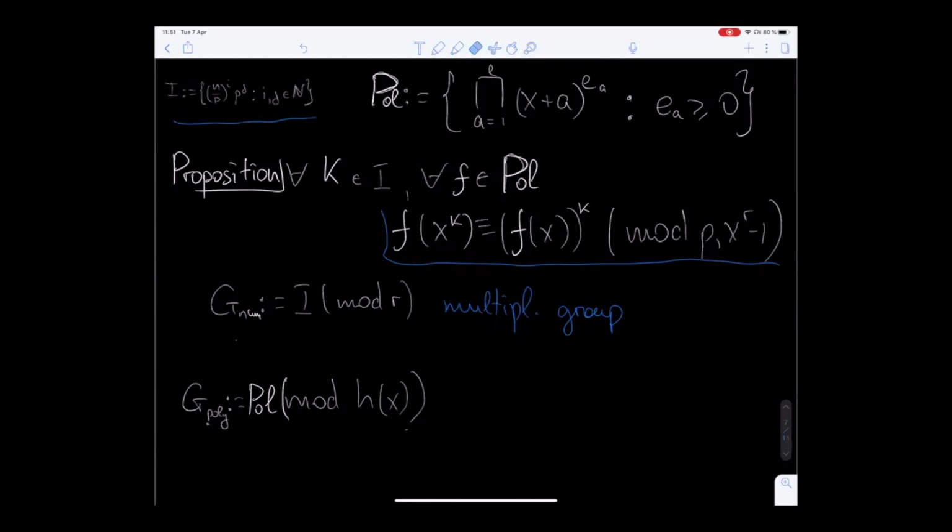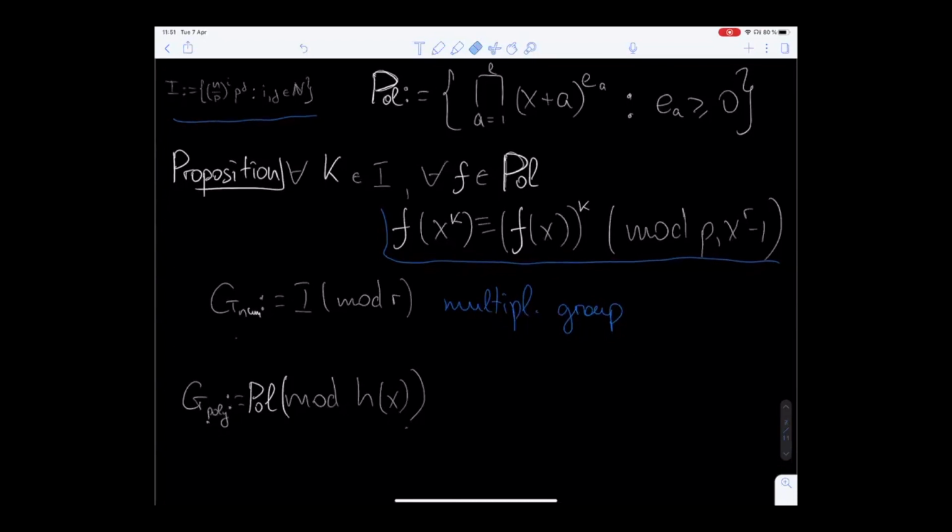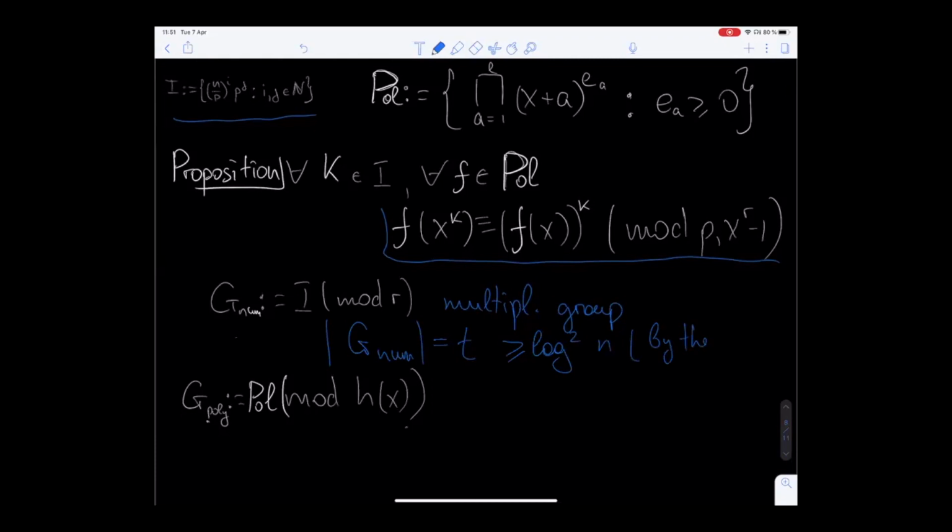Then the important thing that we know about this group is that its size is actually quite big. We denote it by T, and it's at least log squared n. This is by the choice of r. Why is that?